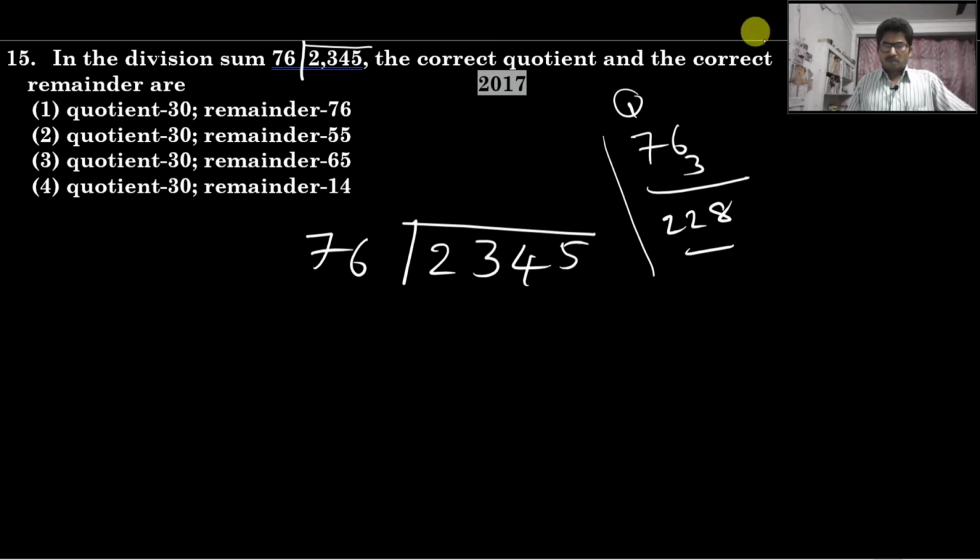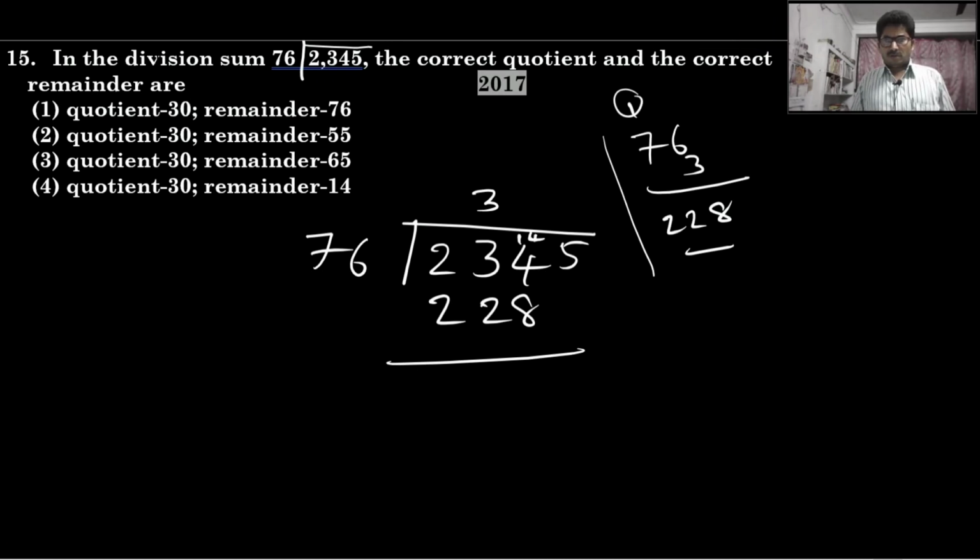Okay. 76 threes are 228. Here 2 only, 65. 76 zeros are 0.